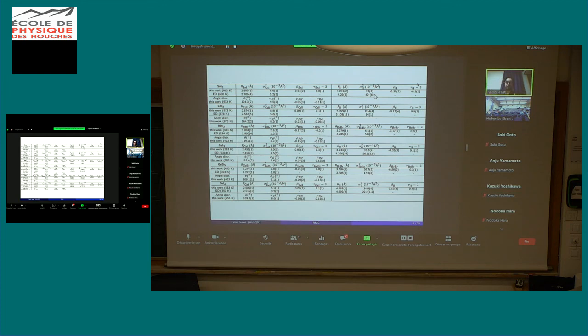For almost all molecules, it's negative. So it means that when the angle decreases, the distance increases and vice versa. So there is a negative correlation between the neighboring distances and the angle of the molecule.